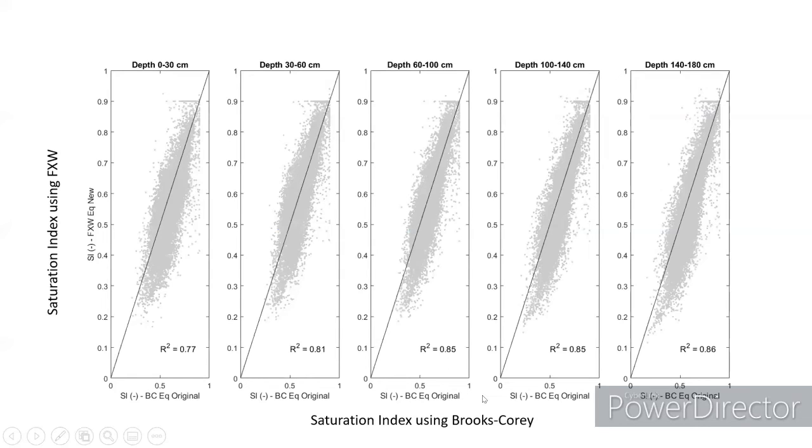The prediction, the maps of the water content, correlate quite well. But what we can see is that Brooks-Corey tends to predict lower than the FXW because it doesn't go quite to the dry end. So actually the soil is slightly wetter than it should be at the dry end, where you get higher water content in the model.